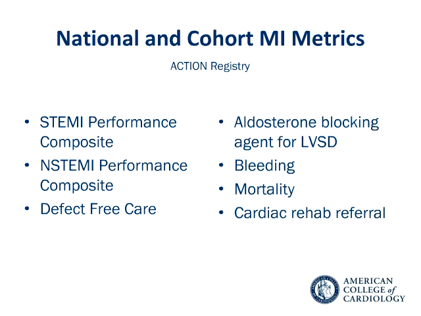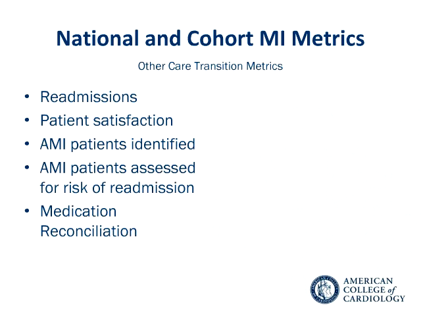However, the interesting part about the Patient Navigator program is shown in this next slide. That's a look at the national and cohort MI metrics related to care transition. And these are things that are not tracked as a matter of routine in the Action Registry, and so these may be new to you.